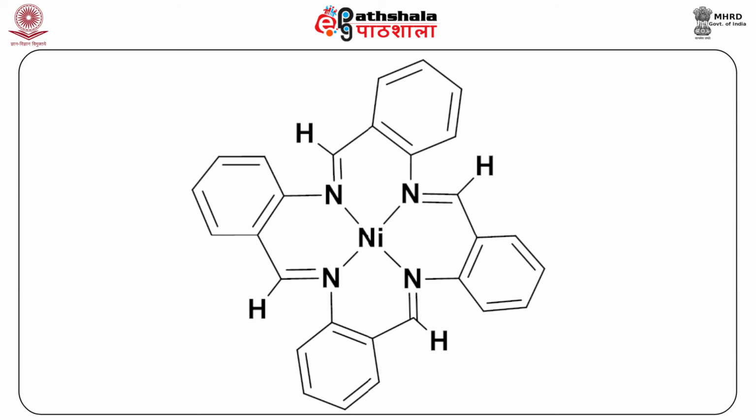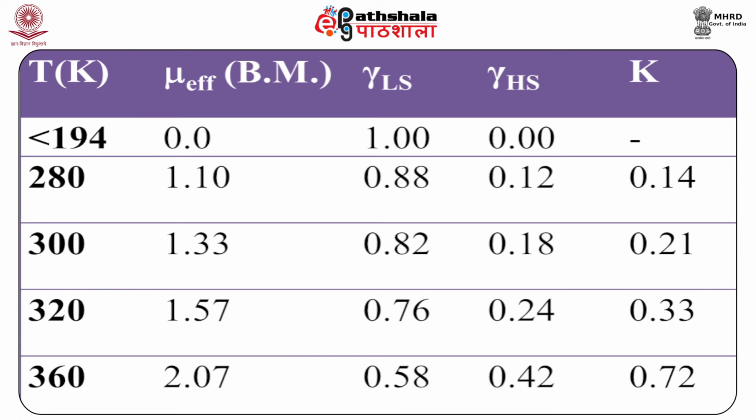Another interesting example of nickel 2 plus showing spin state isomerism is found among the complexes with planar quadridentate macrocyclic ligands. A series of 6 coordinate tetragonal complexes have been synthesized by changing the singly charged anion X. The table shown on the screen summarizes the data obtained for these systems.